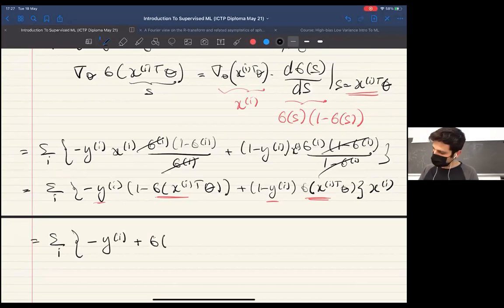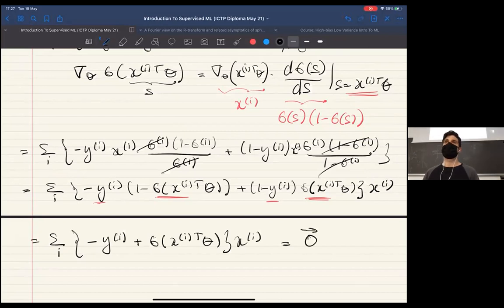Yeah, and I obtain what we should get. So all that times xi. Okay. And we should equate this to the all zero vector.